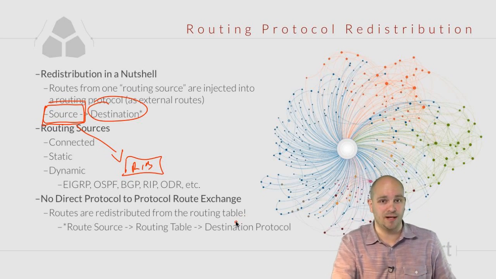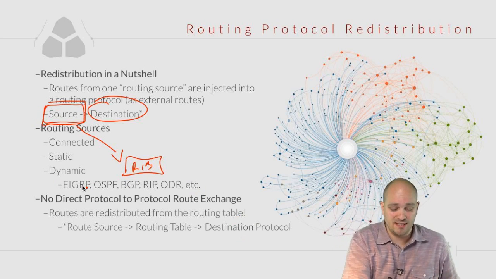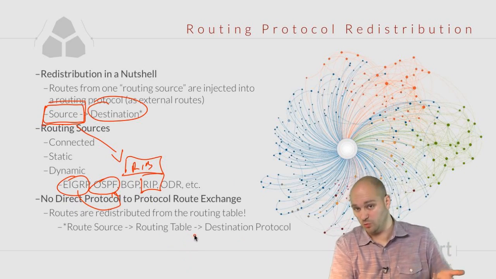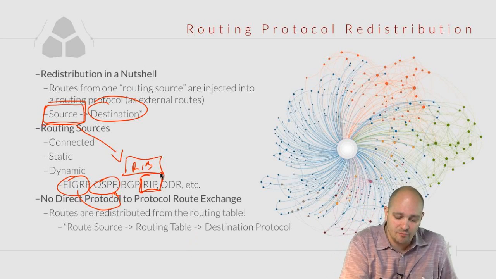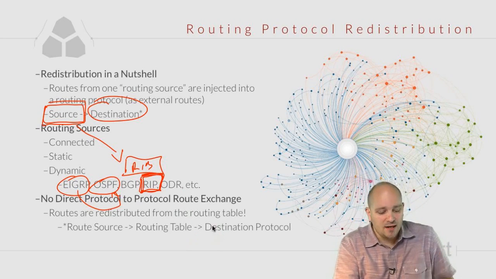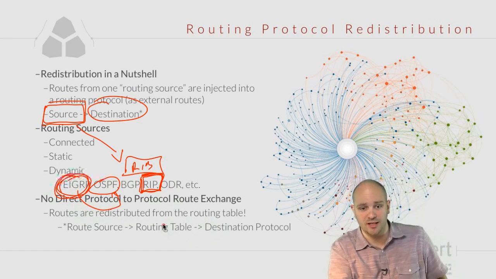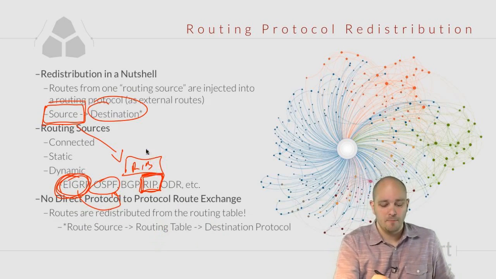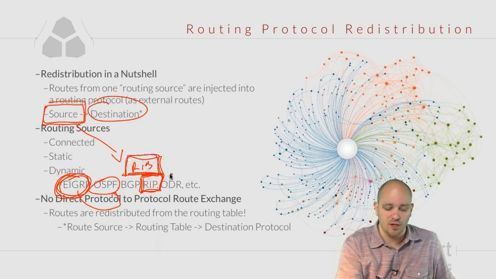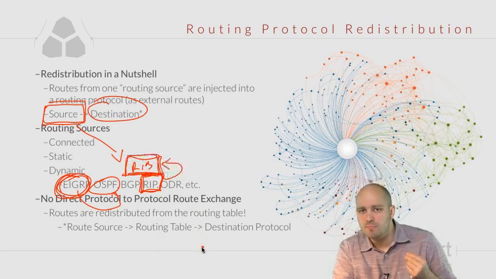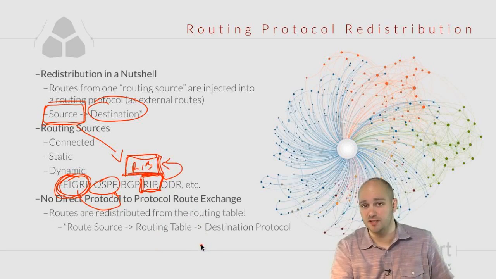If they were not installed by this source protocol, if they may have been installed by some other protocol, say that you wanted to redistribute from EIGRP into OSPF, but you had, say, RIP routes installed for whatever reason, not what you would want to have in your network anyways, but let's say that you did have RIP routes installed in the routing table, then your redistribution from EIGRP to OSPF won't do anything, even though these routes exist in the EIGRP topology table, because the routes in the routing table were installed from another protocol. So this is really a fundamental thing in understanding how route redistribution works.